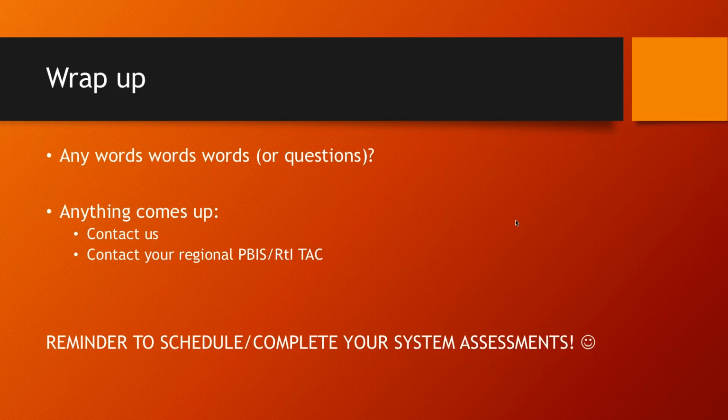Yes. What we're planning on trying to do is build these as standalone sessions, but also sequential. So if you can't make the one on check-in/check-out, but you're able to make the one on SAIG, that's fine. You're not going to miss out. It's not going to throw you off or anything.